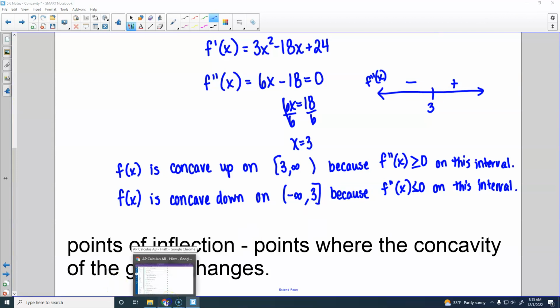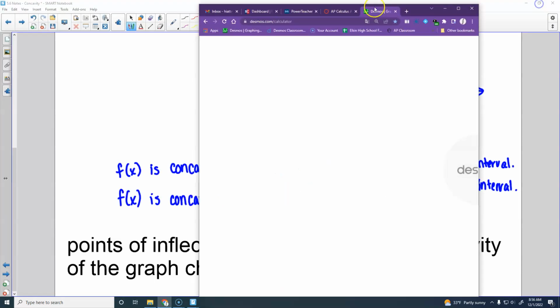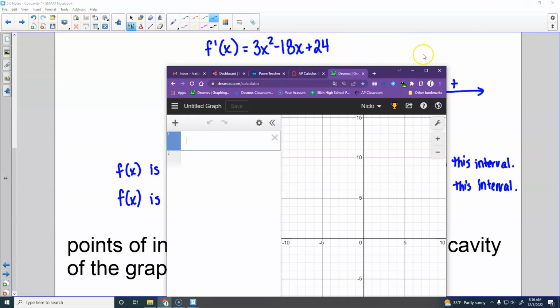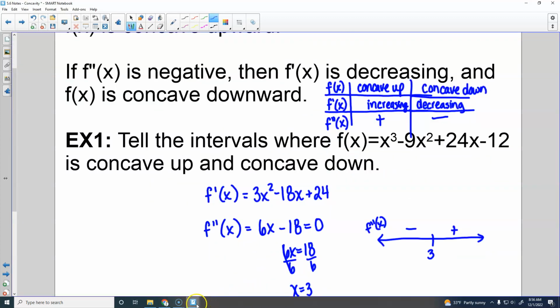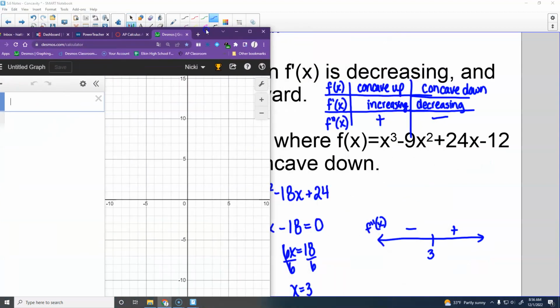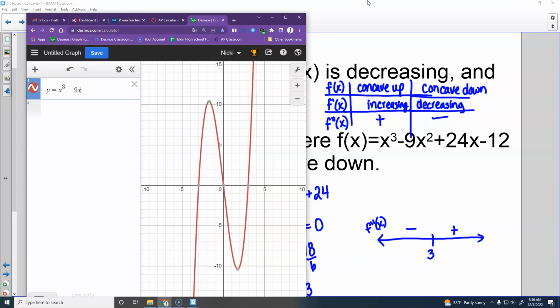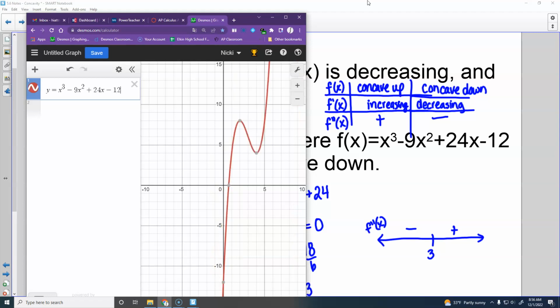I'm going to graph this original function here on Desmos real quick just so we can see what this looks like. What was our original function? It was x to the third minus x to the second plus 24x minus 12.